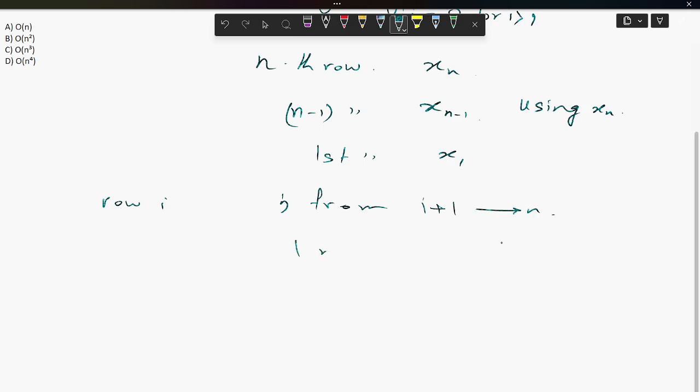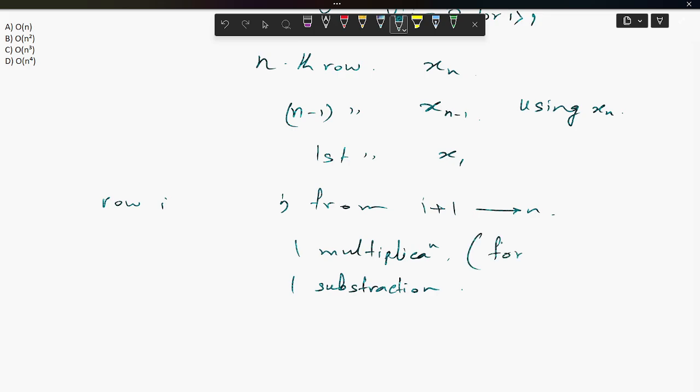We perform one multiplication and one subtraction. Multiplication for, that will be what? For our u_ij x_j. And the subtraction to update the right hand side.